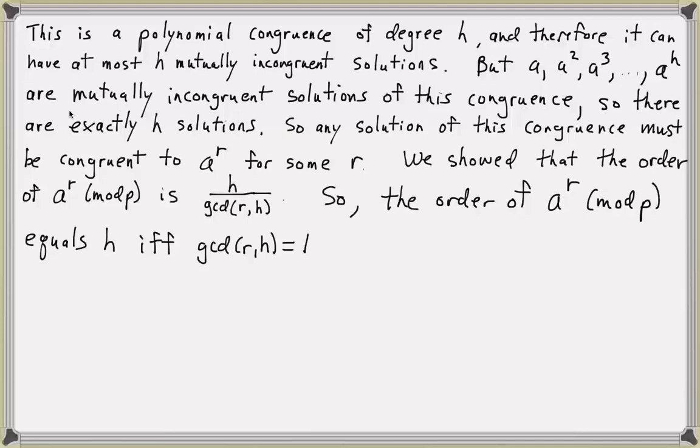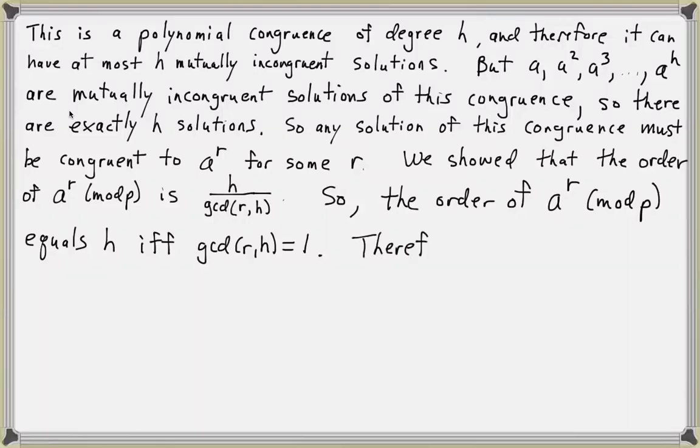So the order of a to the r equals h exactly when r is relatively prime to h. So how many of the exponents 1 through h are relatively prime to h? Well, there are exactly phi of h of them.